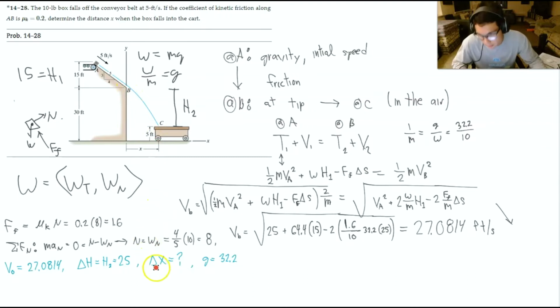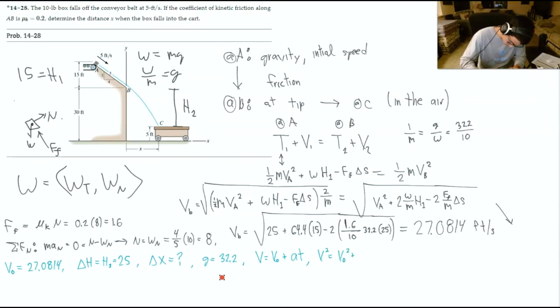What else? Okay, well, we know that, and since we have a particle, we can infer a few more things. So we can use our kinematic equations. I'm going to write 3 of them out. So V is equal to VO plus AT. Another one is V squared is equal to VO squared plus 2A times change in, we'll call it change in height for here.